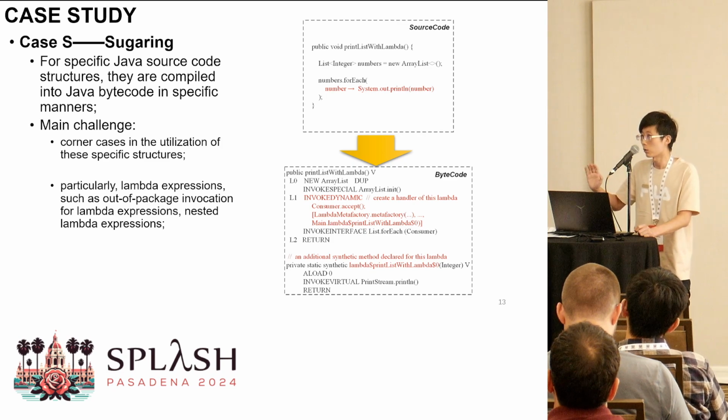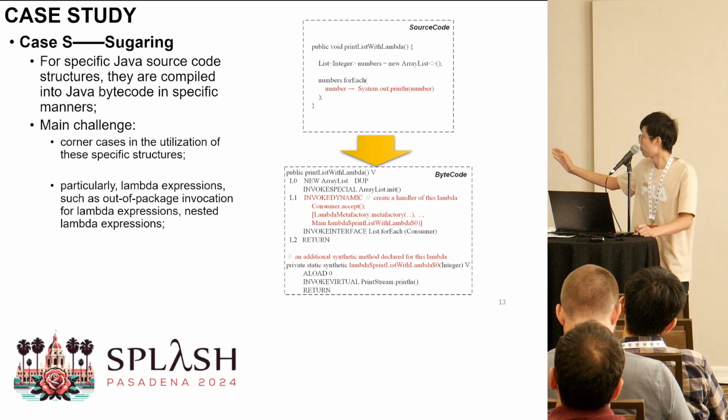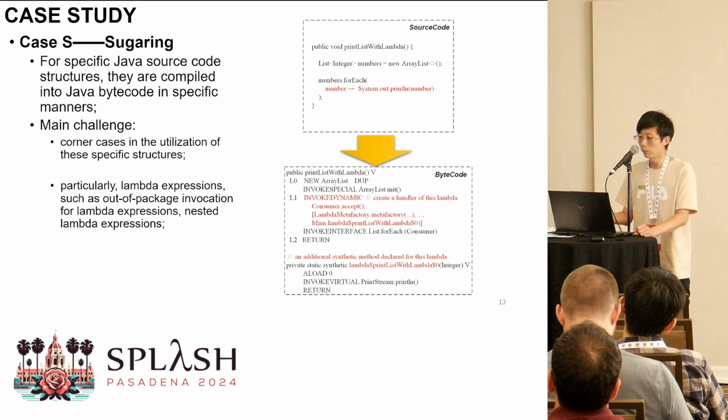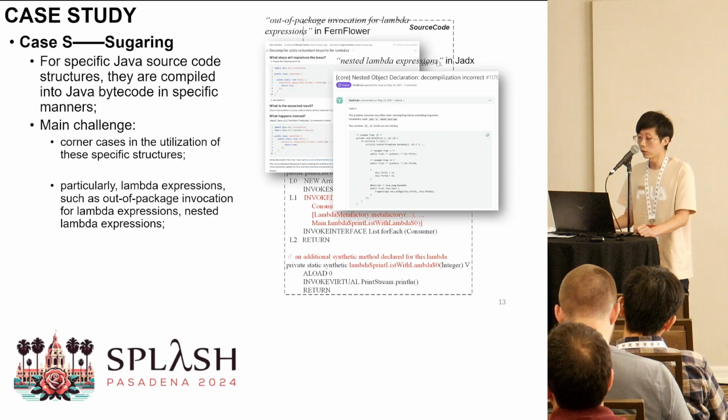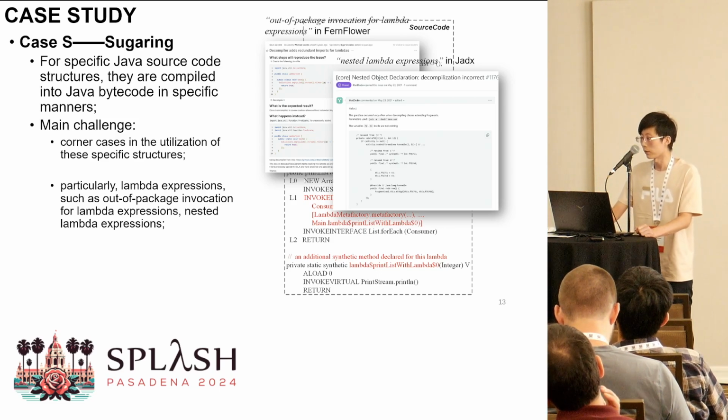So they usually prefer to translate them back into the lambda expression, and that is sugaring. The bugs can easily fail in the corner cases of this sugaring process, for instance, the out-of-package invocations for lambda expressions, the sugaring for nested lambda expressions, and so on.